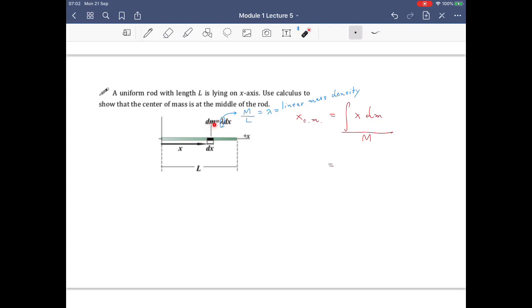So dm, the small mass dm, must be equal to the density lambda multiplied by the small length dx. This is a very important concept. We use this again and again for the whole course in your first year at least. dm, the small mass of this piece dx, is equal to lambda dx.